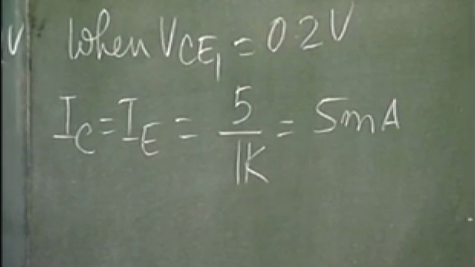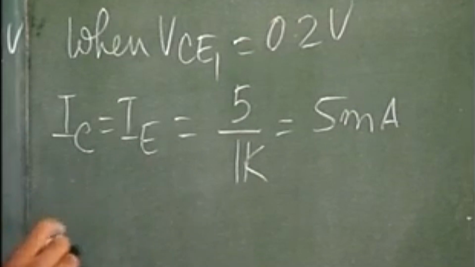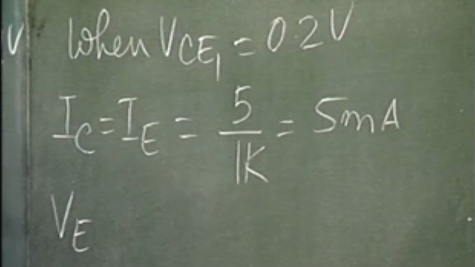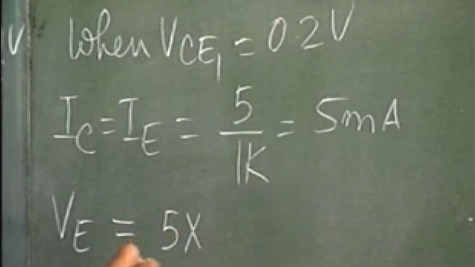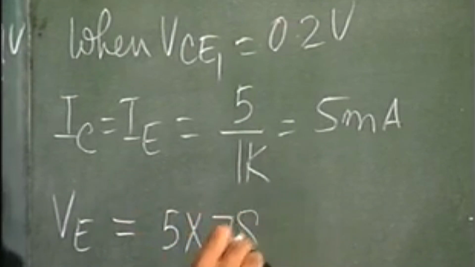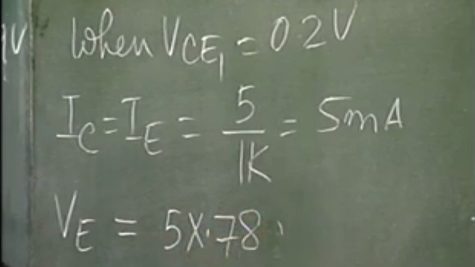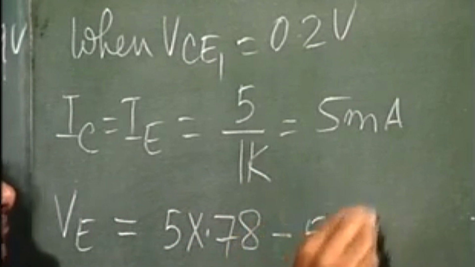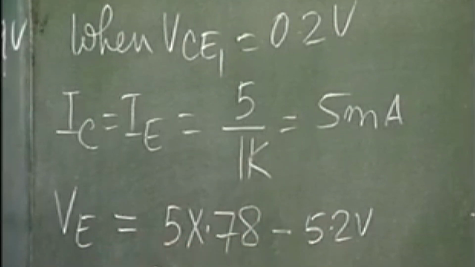All right. So, what is VE equal to? VE is equal to 5 into 780 ohms. I think we put 0.78 because this is in milliamperes, this is in kilo ohms, minus 5.2 volts. That is the reference, plus this drop. So that is VE. So what is this?